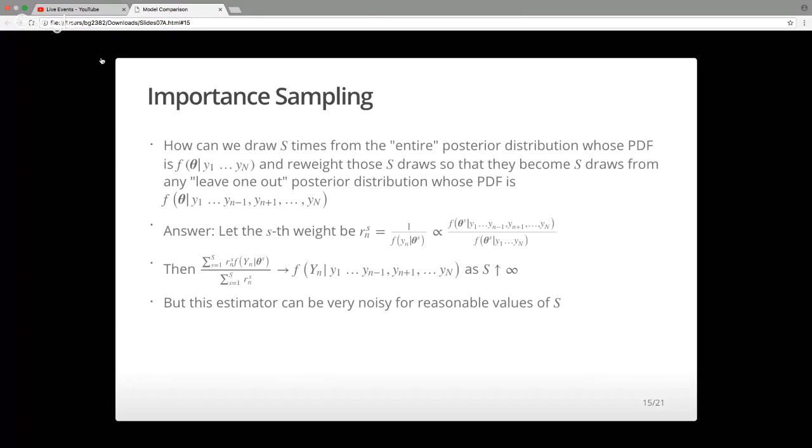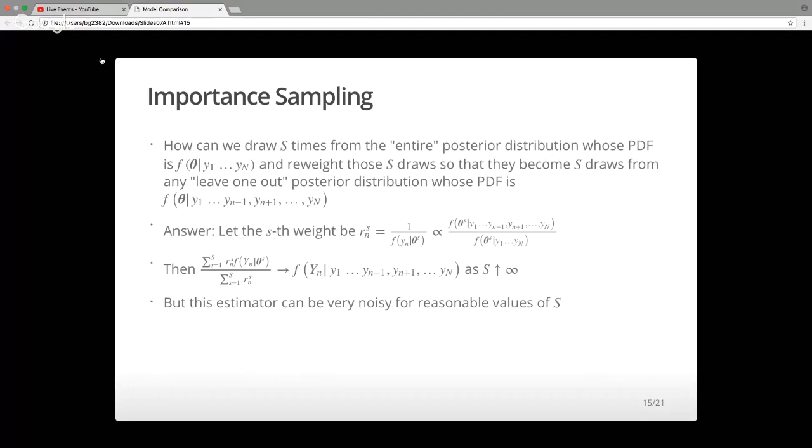It turns out the weights are just proportional to the reciprocal of the density for the data, evaluated at the nth observation and at the sth draw from the posterior distribution that we obtained when we used all the data. And that 1 over f can be seen as proportional to the posterior distribution leaving out the nth observation, divided by the posterior density conditional on all the observations.